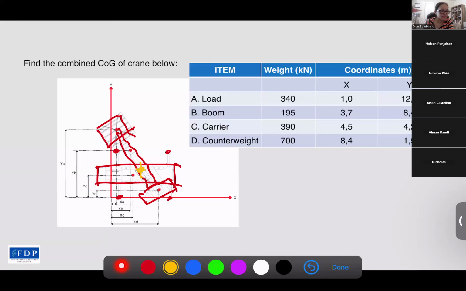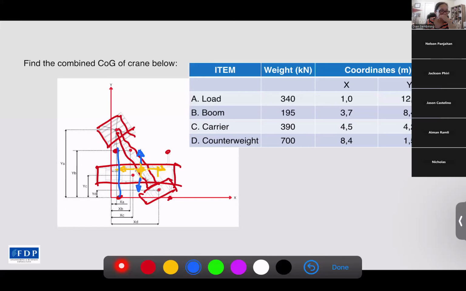Then with the same methodology as we discussed before, we can distribute this weight to the right side and left side, or to the upper side and downside, to find the outrigger forces.